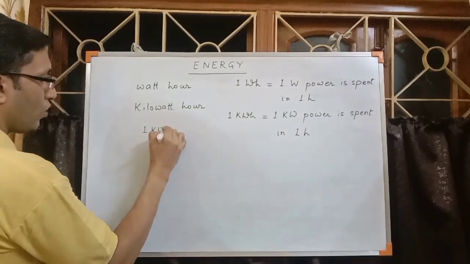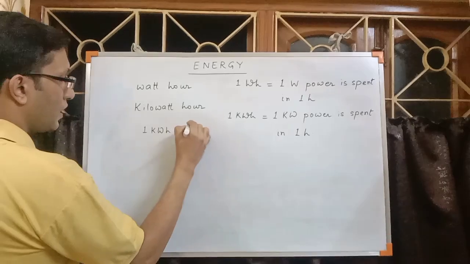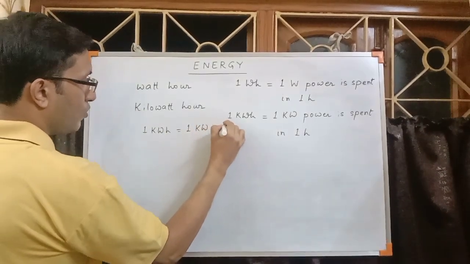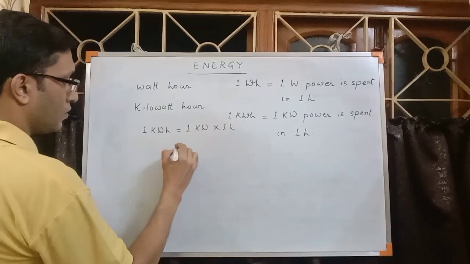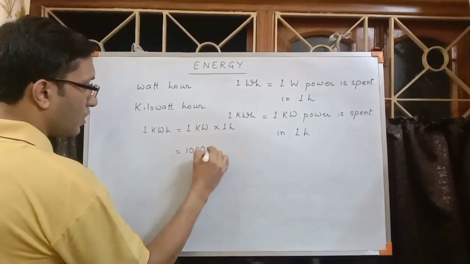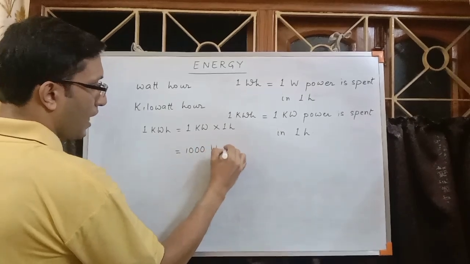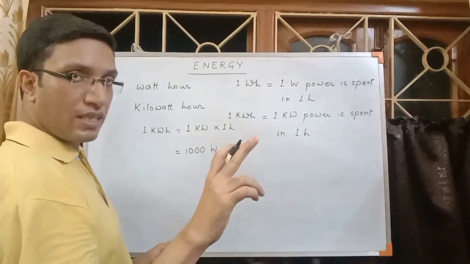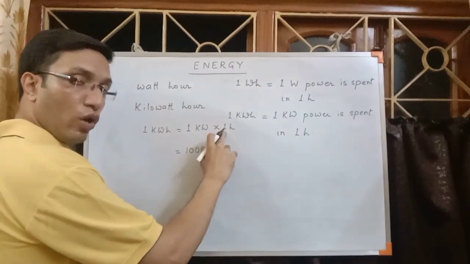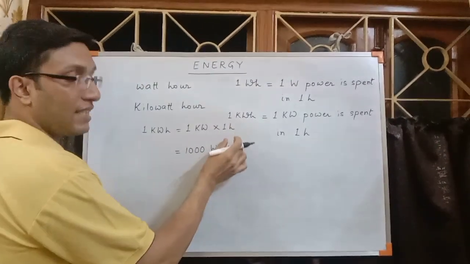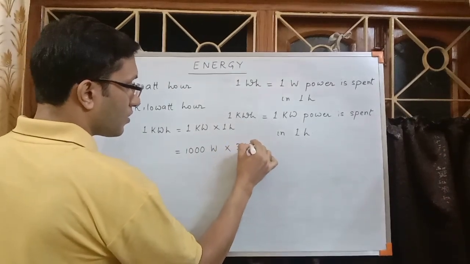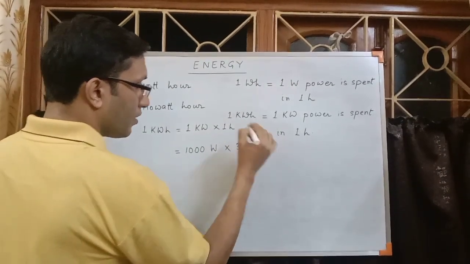1 kilowatt hour is equal to 1 kilowatt into 1 hour. We know that 1 kilowatt is equal to 1000 watt, and 1 hour is equal to 60 minutes, and 1 minute is equal to 60 seconds. So if we want to convert this hour into seconds, that is 60 into 60, that is 3600 seconds.